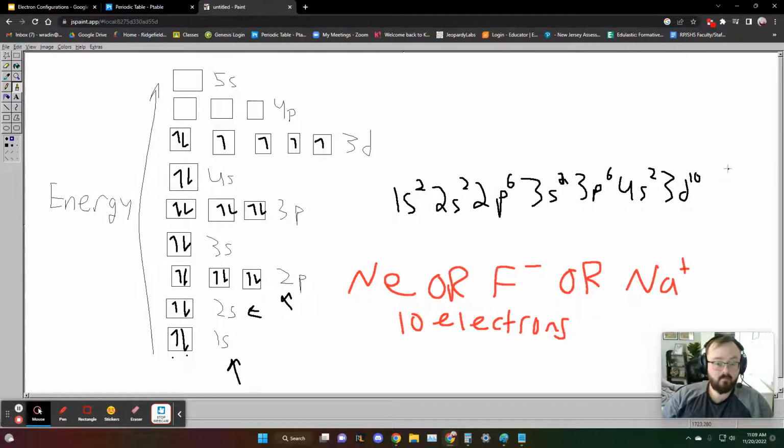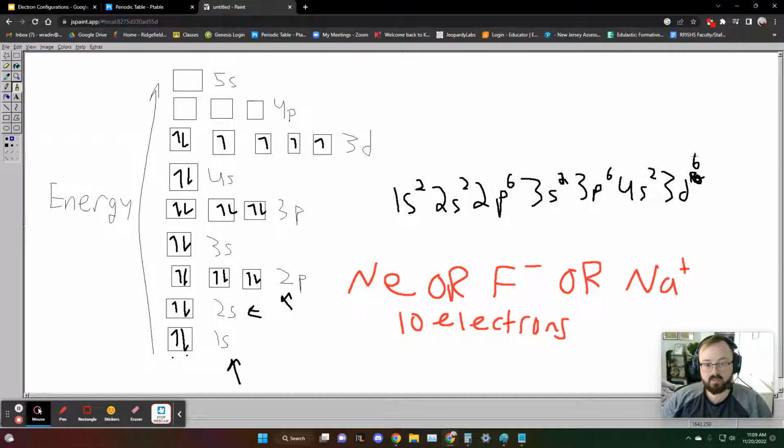Okay. I also might ask you to identify this element using stuff that we've gone through. And you could count the electrons. 1, 2, 3, 4. 4 plus 6 is 10. 10 plus 2 is equal to 12. 12 plus 6 is equal to 18. 18 plus 2. Oh, this should not be 10. I'm sorry. This should be 6. This is 20.